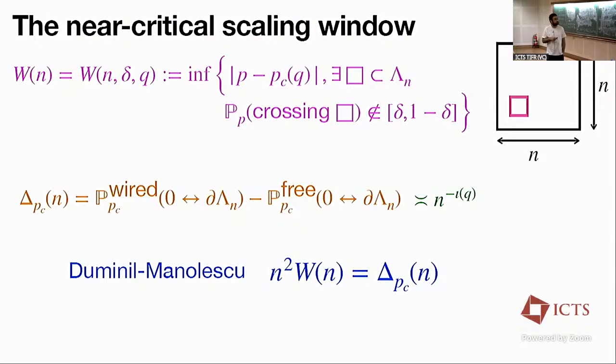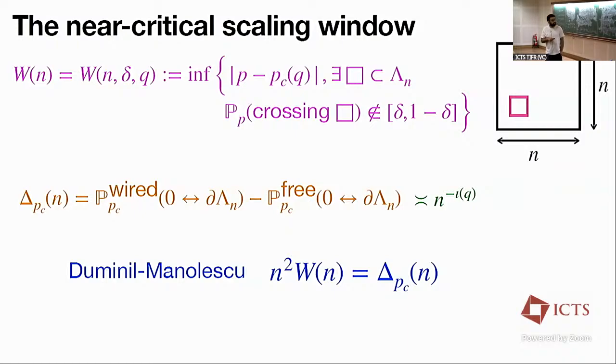But in some respect, you have this off-critical quantity, which says by how much I can deviate from my original model without breaking my crossing probabilities, making them too close to 0 or 1. And then I have this very critical probability quantity, which sees how influential wired boundary conditions are compared to free boundary conditions.